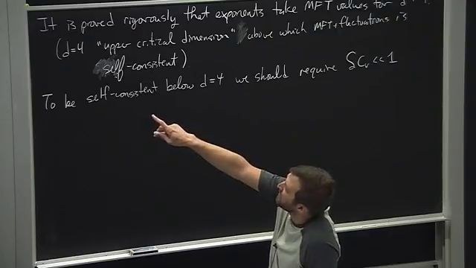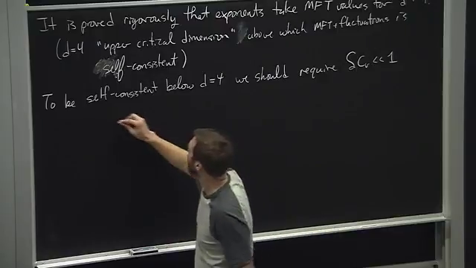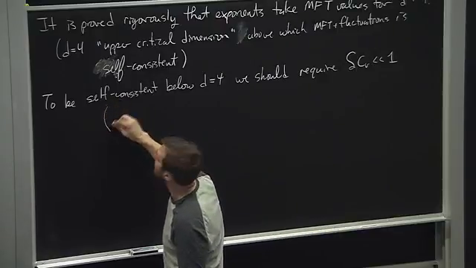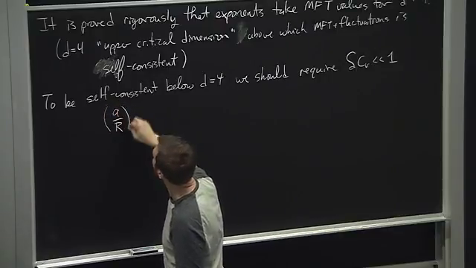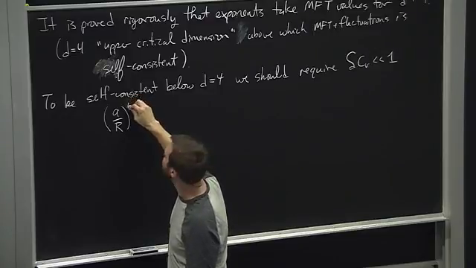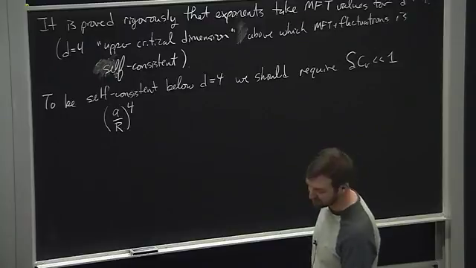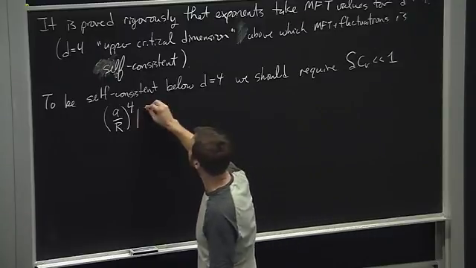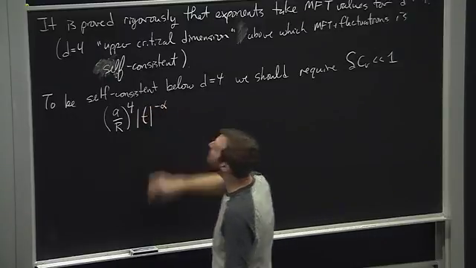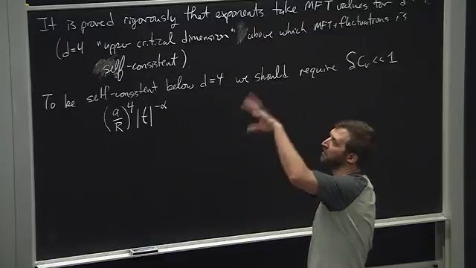So we have delta CV. I left it out there, but we would have, let's say, A over R to the 4. And then I'm going to write that piece as reduced temperature to the minus alpha. The integral is finite.